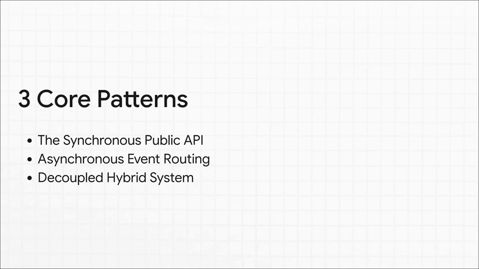And third, arguably the most powerful, is the decoupled hybrid system. This is where a fast public API simply drops events down to an internal Pub/Sub queue, essentially giving you the absolute best of both worlds. So, the crucial point is, understanding these 3 structural blueprints literally gives you the toolkit to architect almost any modern, highly resilient cloud system on GCP.